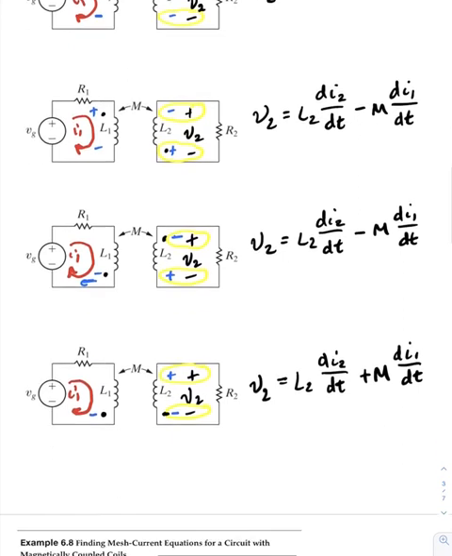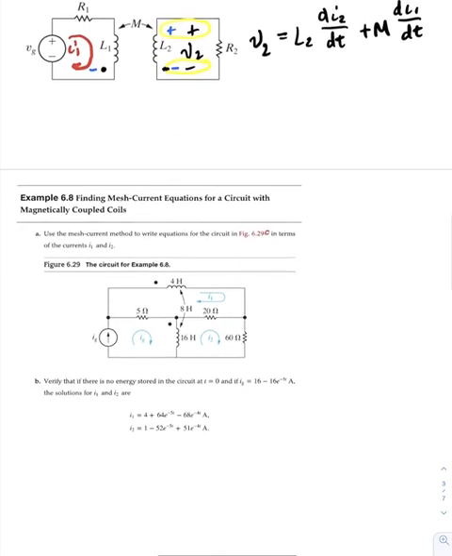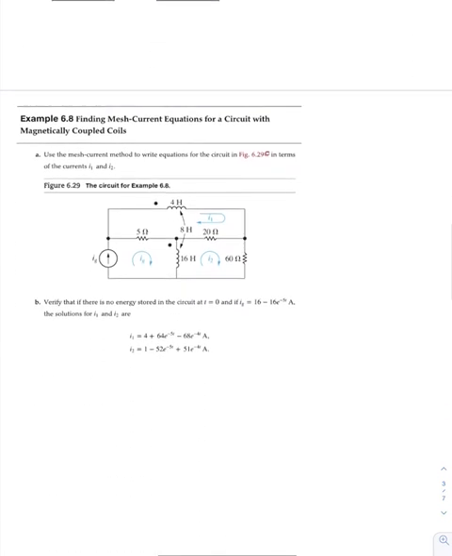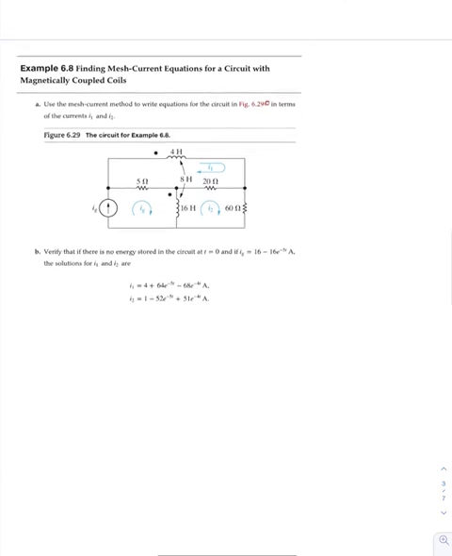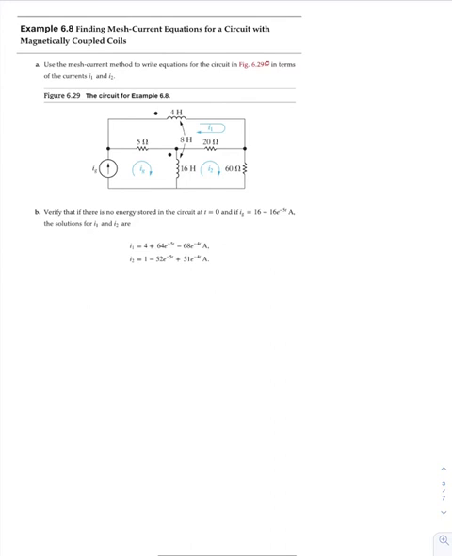Okay, let's do an example. Example 6.8. Use the mesh current method to write equations for the circuit below for I1 and I2. In this example, we have two unknowns. Therefore, we need two equations.